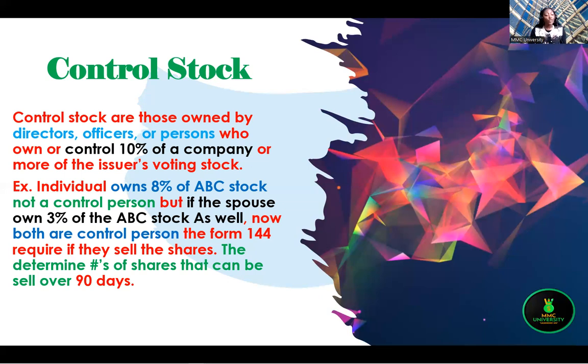Those are control stocks. I hope that you understand the difference between stock rights and warrants, and what Rule 144 is and what it applies to when it comes to restricted stocks and control stocks.